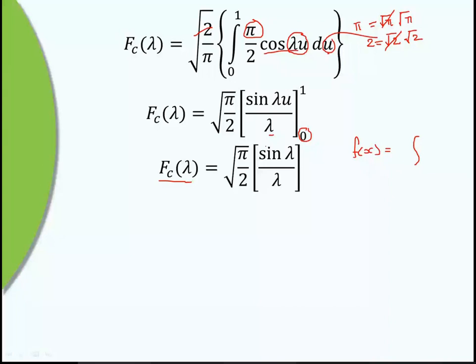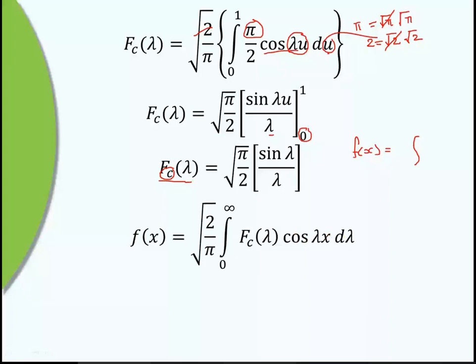To get f of x from fc lambda, we use the inverse Fourier transform. As we are using the cosine transform, we use the inverse Fourier cosine transform. By the standard formula, f of x will be square root of 2 by pi integral 0 to infinity fc lambda cos lambda x d lambda.